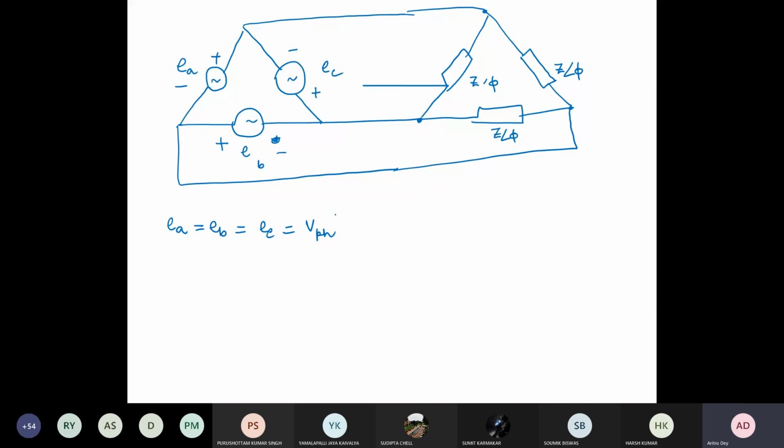Across these two terminals the voltage is the same as EC, that means V phase. Between these two it is the same as EB, and between these two it is equal to EA. So when you have a delta connected system, your phase voltage is equal to your line voltage. So V line is equal to V phase for a three-phase delta connected system.